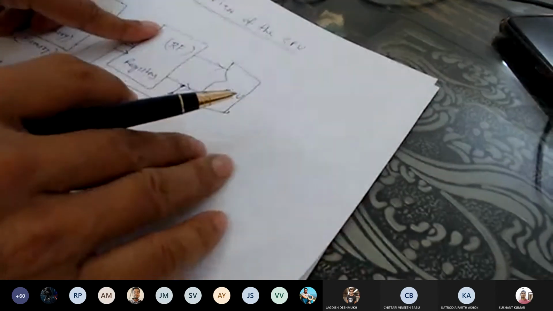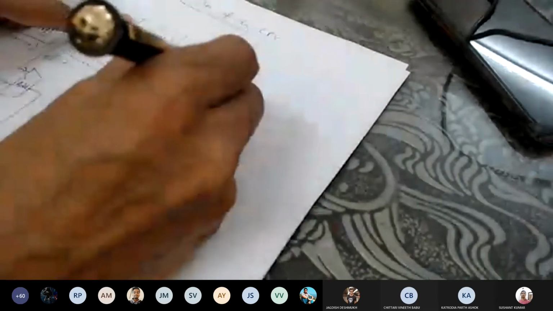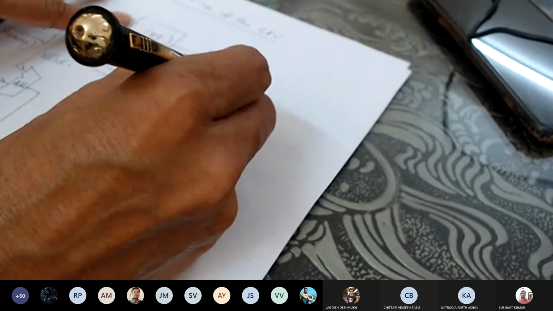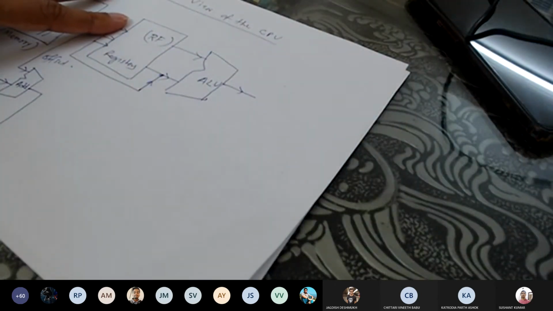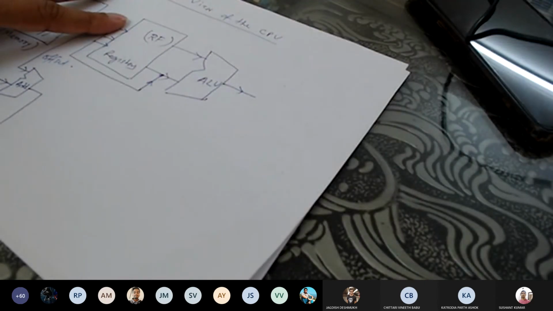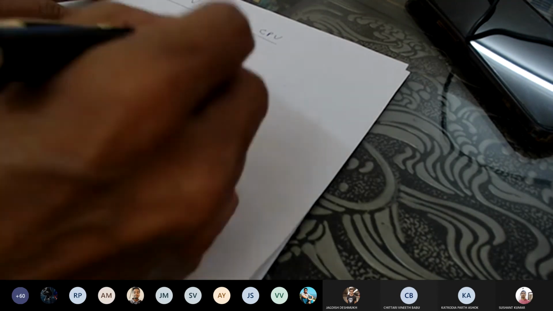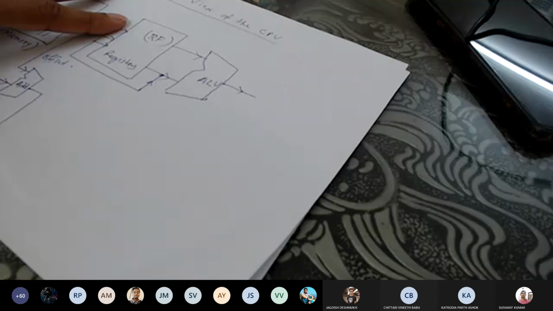Okay. Now, after the arithmetic logic unit, what will happen? What will we do with the result? Any guess? So the connections after the arithmetic logic unit, that is what we are now deciding.